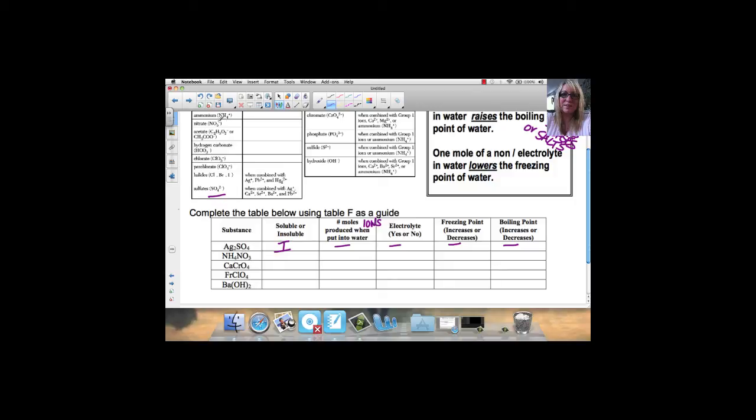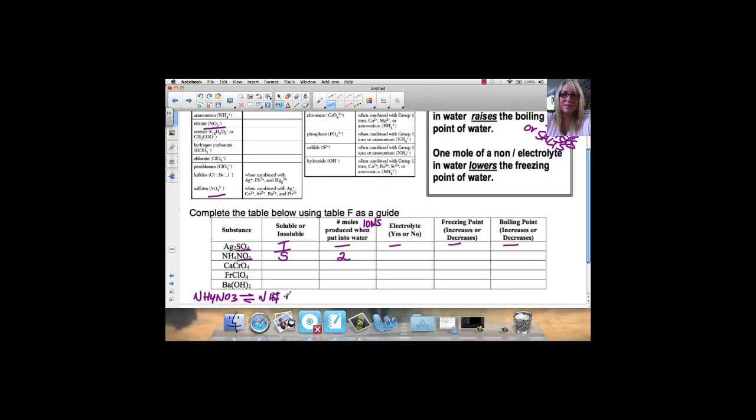NH4NO3. Here's NH4. Oh, we're not interested in that. NO3. We're interested in the second part, remember. NO3 is soluble, no exceptions. So this is soluble. If this dissociates in water, it's going to dissociate into two ions, NH4 plus and NO3 minus. So that's 2 moles of ions.